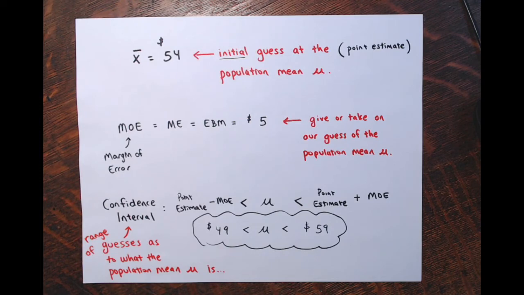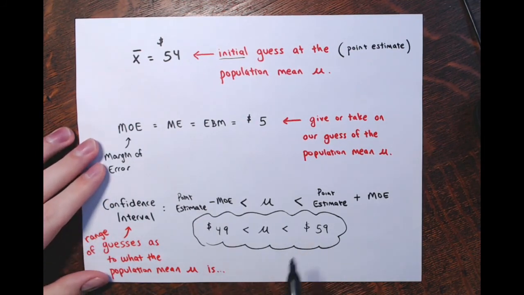So there's a certain percentage probability that the true value of mu, the population mean, falls somewhere between $49 and $59. That is, of course, if my sample mean was 54 and the margin of error we found was $5. And we'll talk about how to find margins of error in future examples as well.